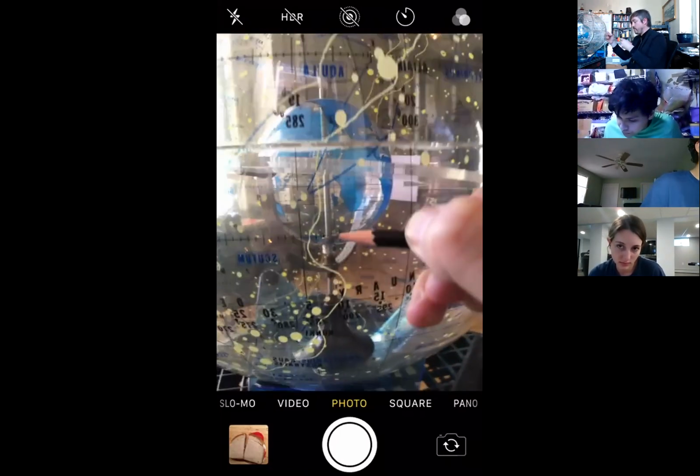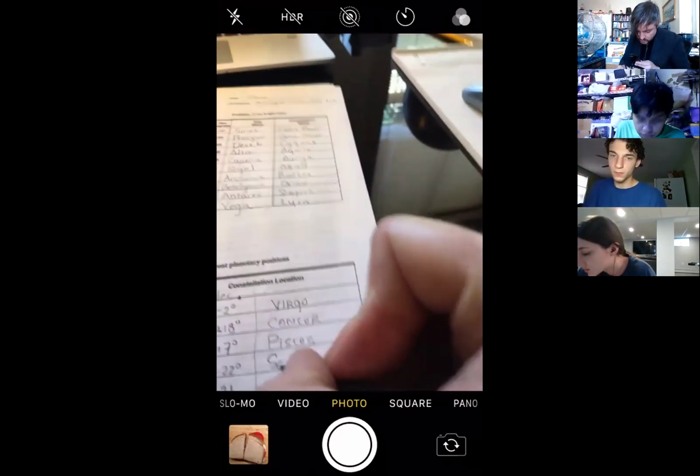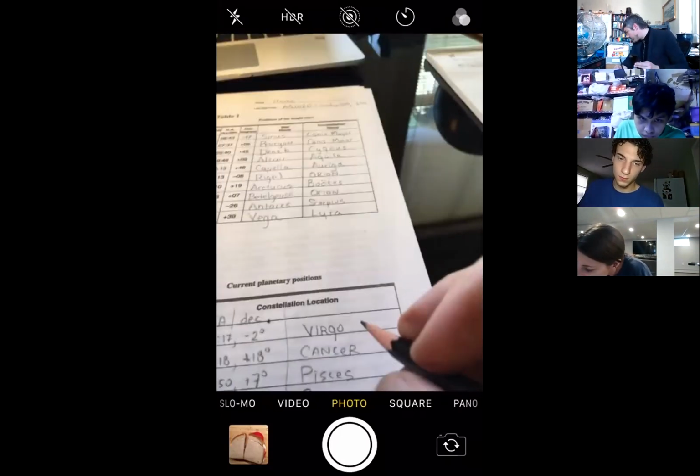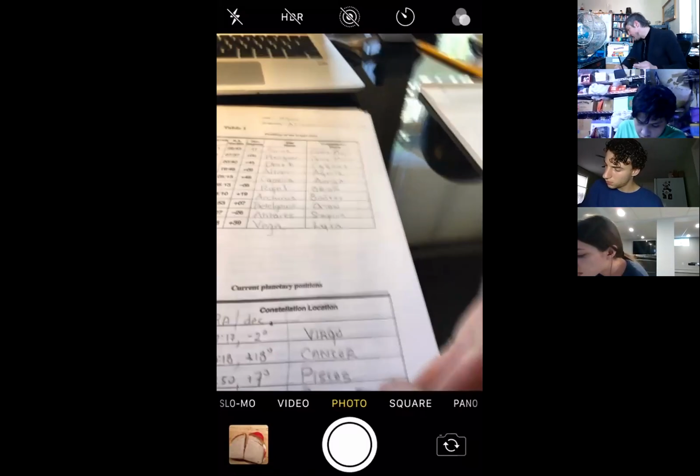Negative 22, minus 10, minus 22. I'm in this constellation, which is Sagittarius. So let's not misspell this here.